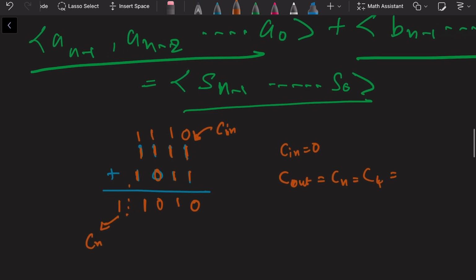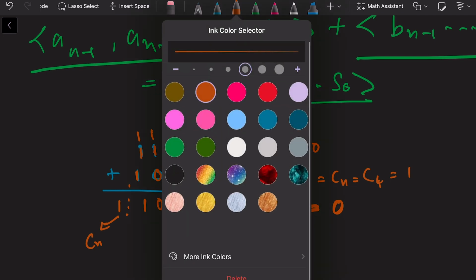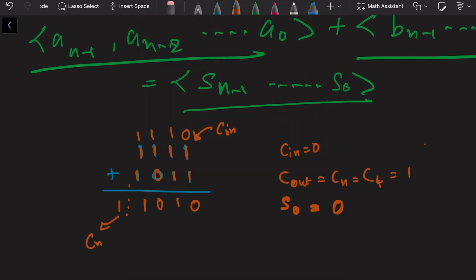C4 is 1, and S0 is 0. S0 is 0, S1 is 1, S2 is 0, and S3 is 1, right?